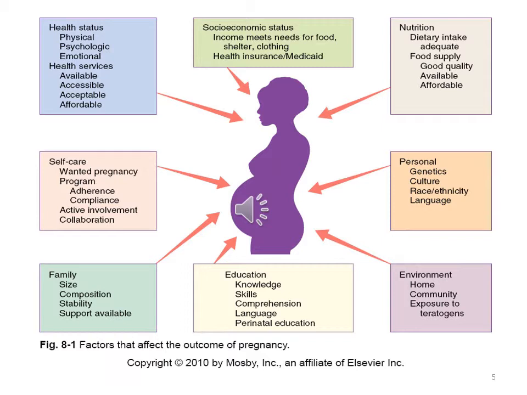Do they have any exposures to, for example, black mold or any type of chemicals? Do they have any concerns in relation to their personal history? So genetics, culturally, are there any special considerations that need to happen during the pregnancy?